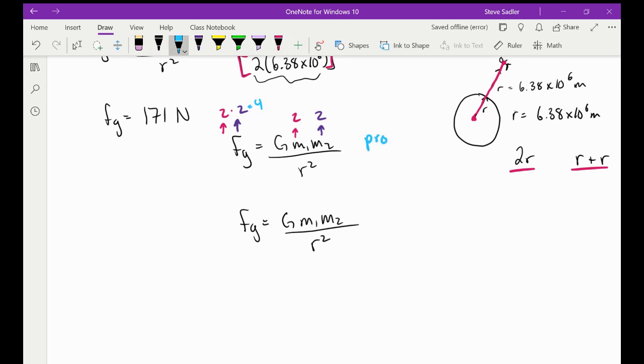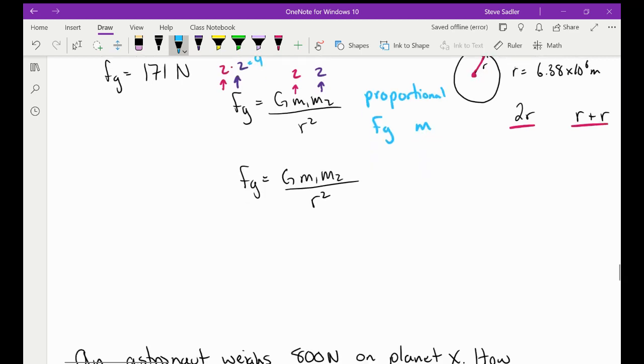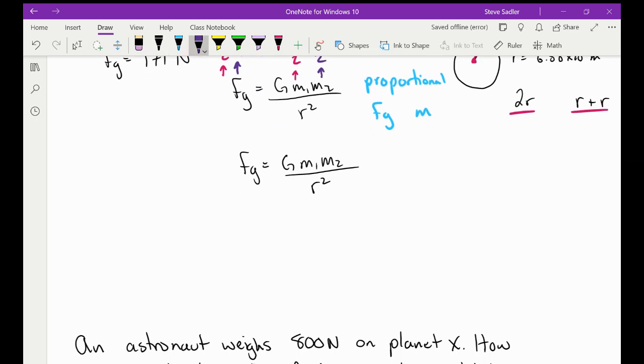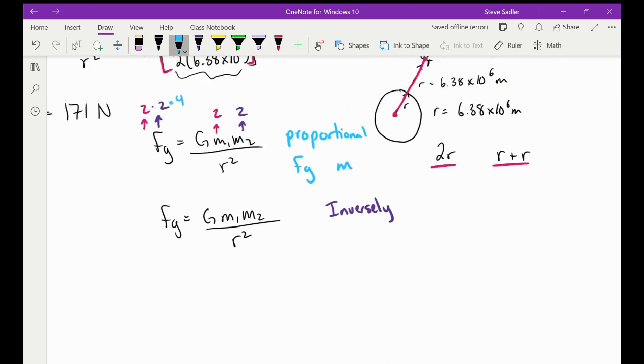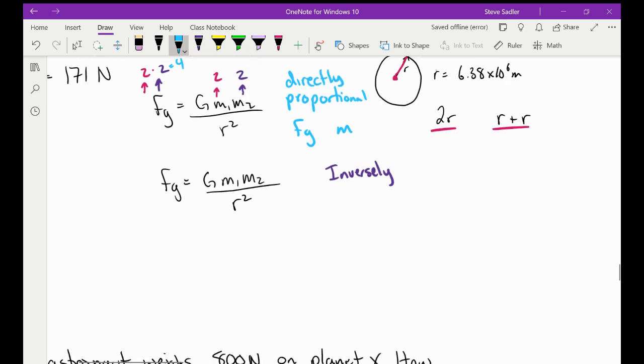Because the radius is on the bottom of this fraction, it's inversely proportional. So let's write this. Proportional, if I can spell. The masses, Fg and m, are directly proportional. Sorry, just trying to make sure I got my lingo correct.